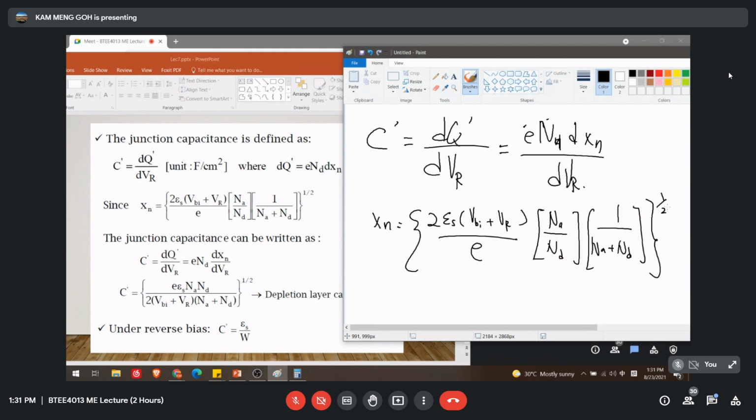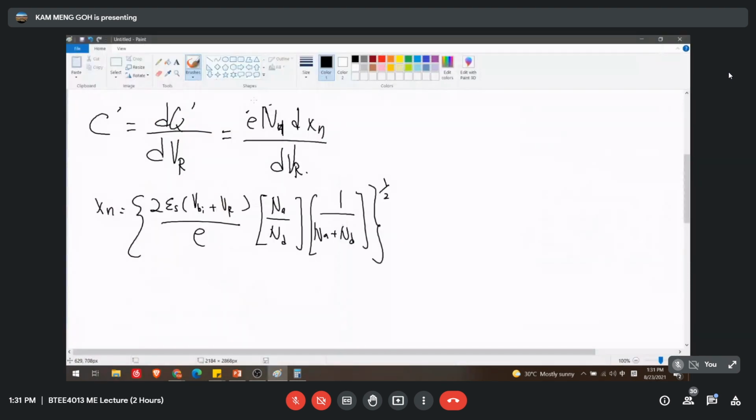We want to create a formula linking ND and Sn for us to calculate the capacitance. The info that we need is NA, ND, VBI, and VR. These four important things help us calculate the capacitance.